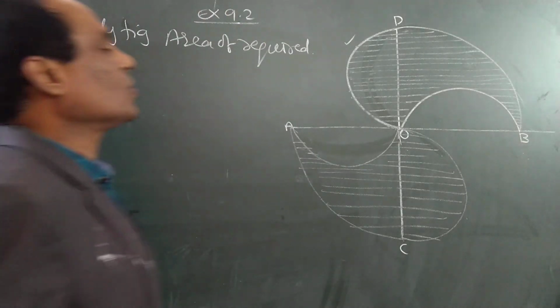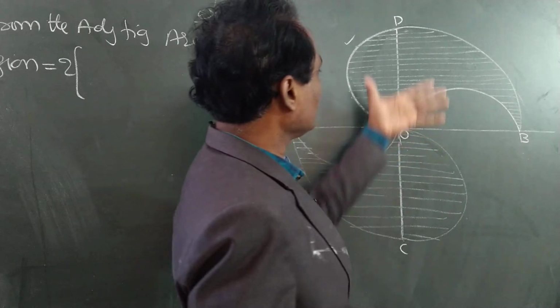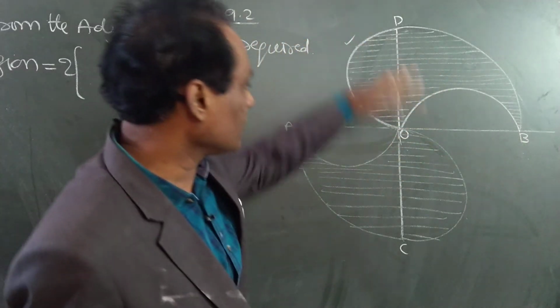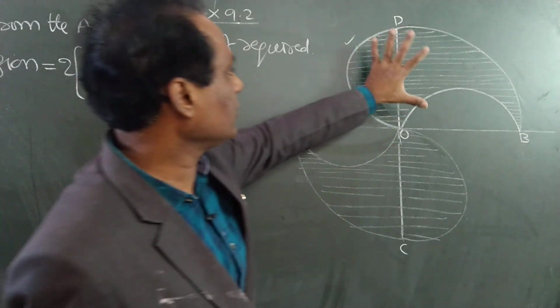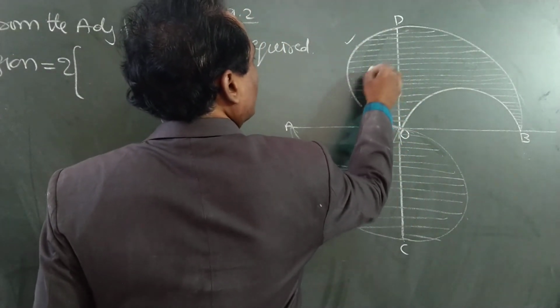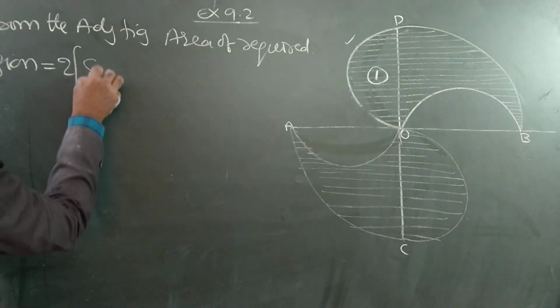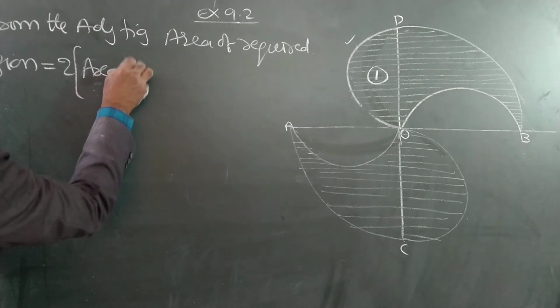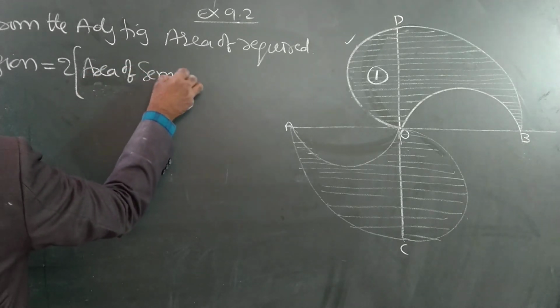Now, how to find the area of the shaded region? So this area only we are finding, because I already kept 2, so that means double. Now this part we have taken. This is the first part, a semicircle. Area of semicircle 1.